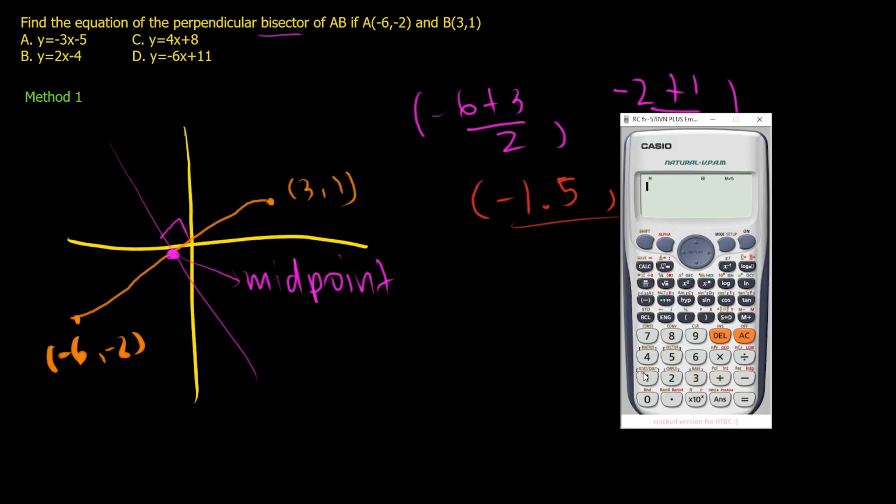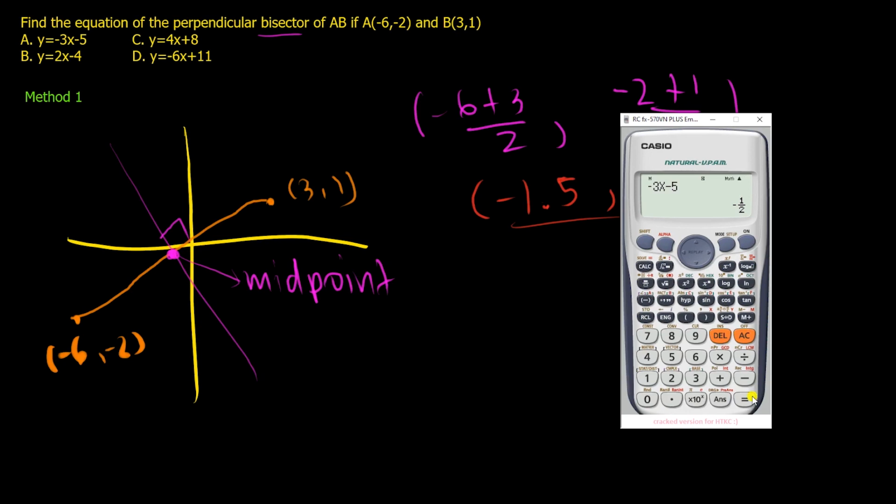You have negative 1.5 shift store x, negative 0.5 shift store y. So y colon negative 3x minus 5, with negative 1 half, negative 1 half.